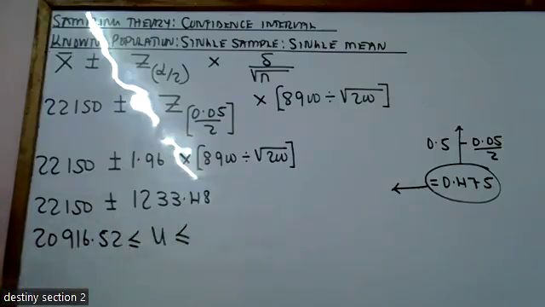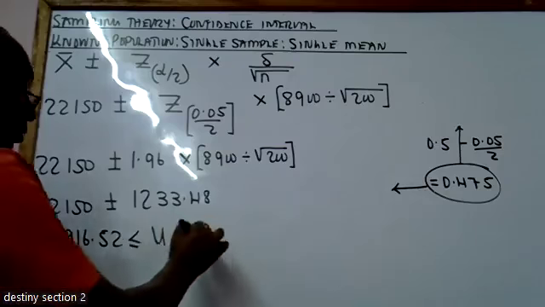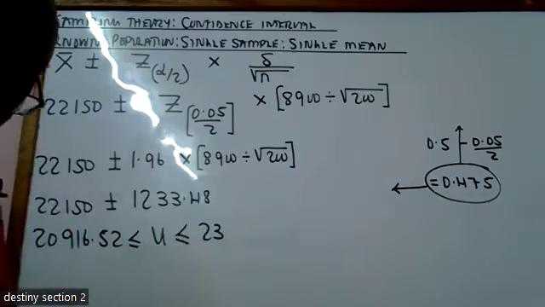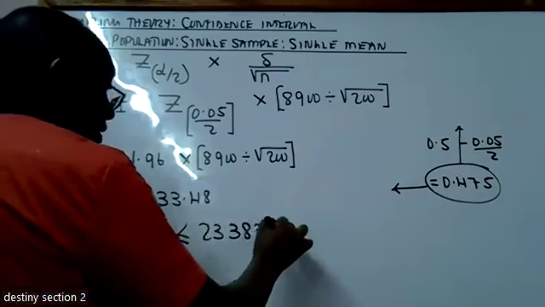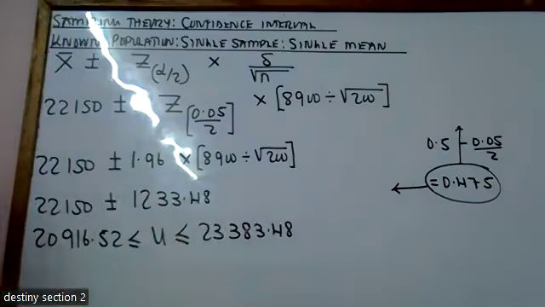And when you add, 22,150 plus 1233.48 is 23,383.48. That is how you develop the confidence interval when the population standard deviation is known and it is a single sample, single mean.